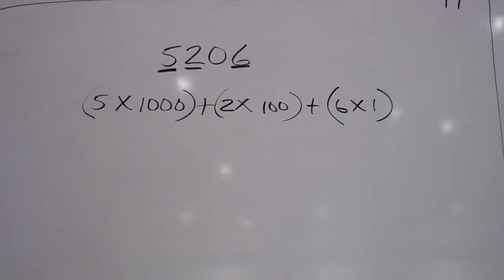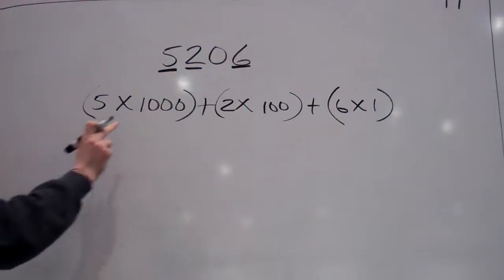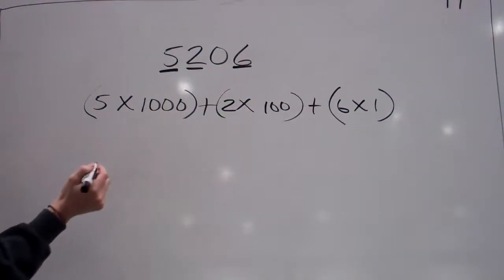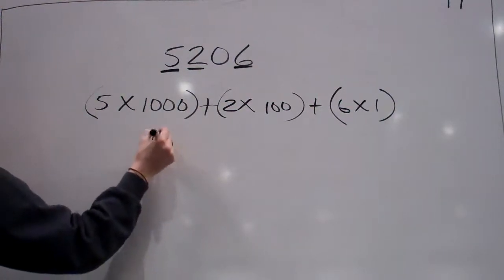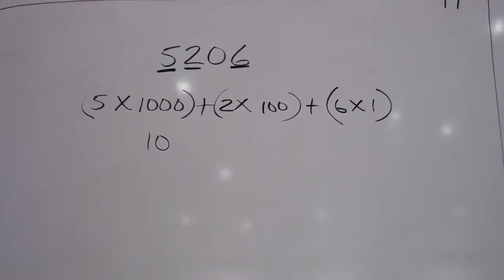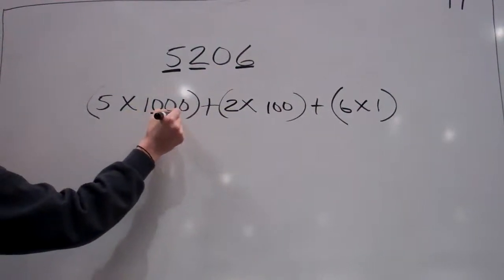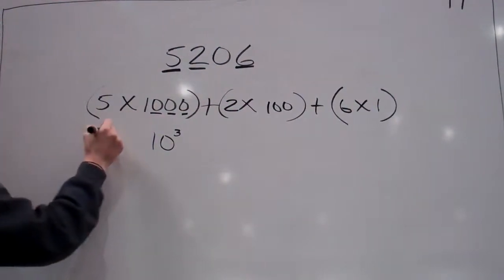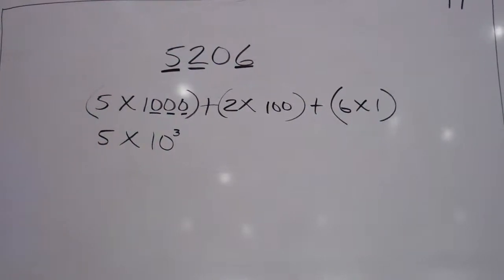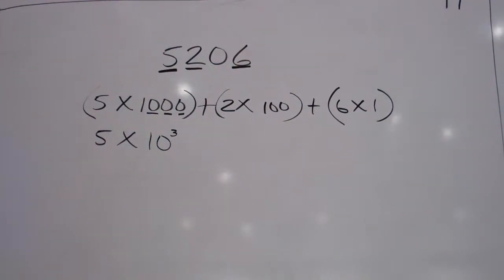Now, here's what I want you to see. From what we learned just a while ago, 1,000 is really 10 to the what power? Third power. How do we know it's the third power? Because there's 1, 2, 3 zeros. So we're going to say 5 times 10 to the third power. Does everybody understand that?